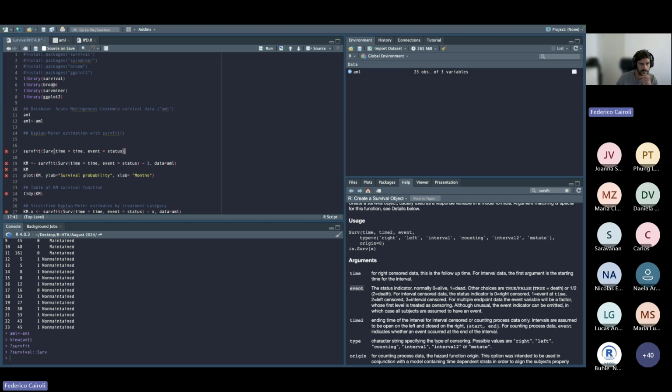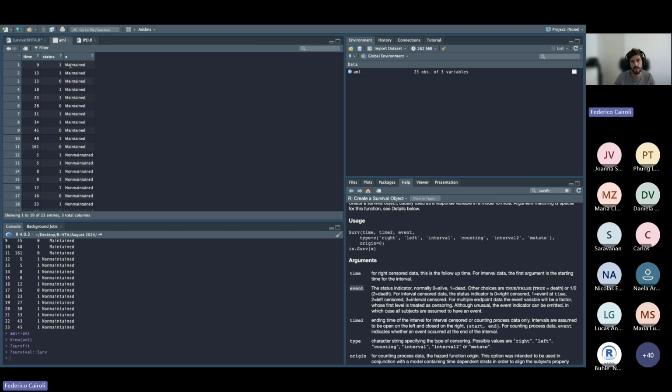We close parentheses, and then this specific function, survfit, is going to need this operator to give some information on whether we would like to stratify this Kaplan-Meier curve by another column or not. In this case, we can do that. We can stratify and have two different Kaplan-Meier curves, one for one treatment category, and the other one for patients that have the other treatment category.